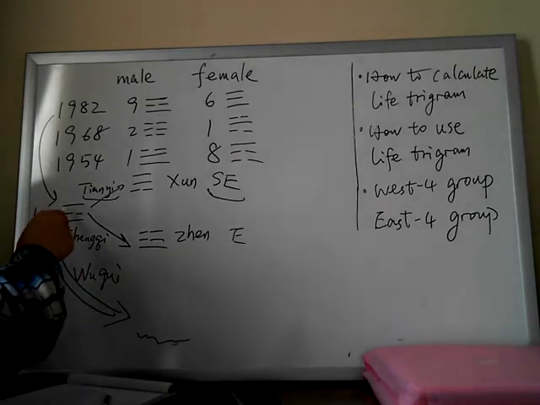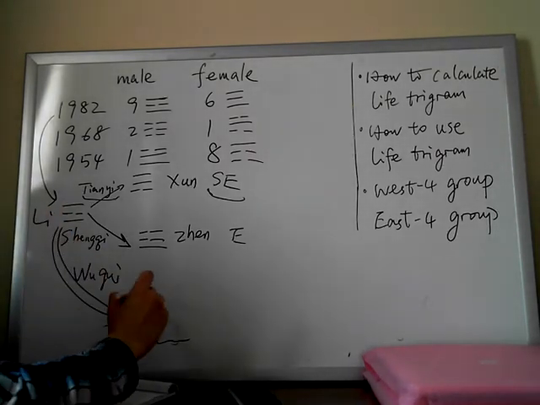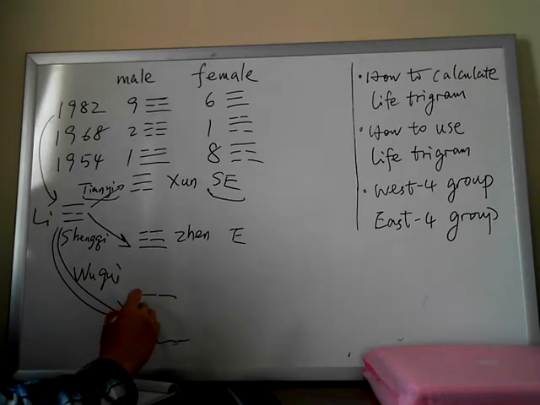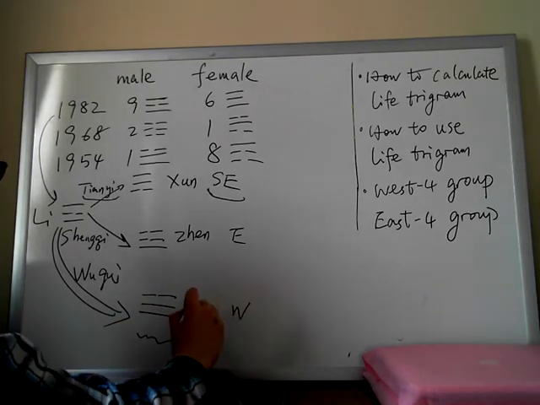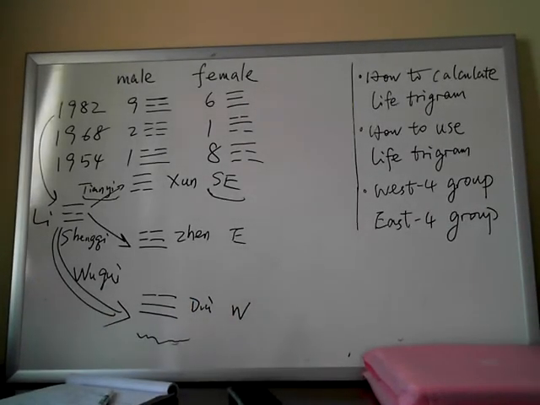Remember, Wu Gui is you change the top line and the middle line, the bottom line the same. So that is west. The direction you really need to avoid is the Wu Gui direction, which is west. So if you study or work, try to avoid facing west.